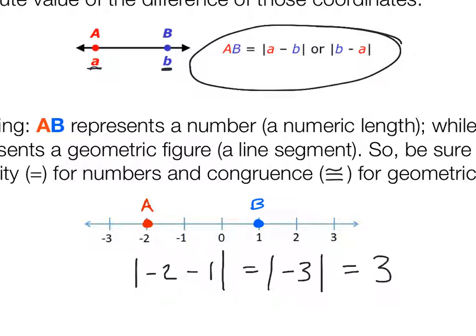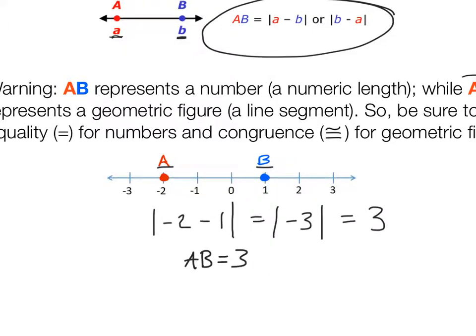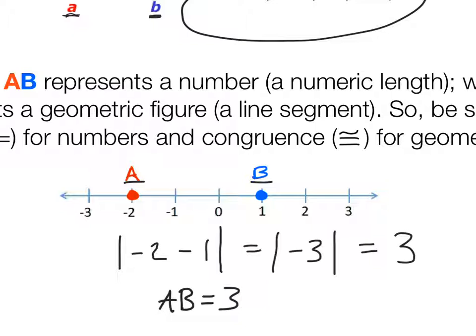So the length of segment AB here is equal to 3. And we can see that clearly if we go 1, 2, 3. We're moving 3 units to the right.